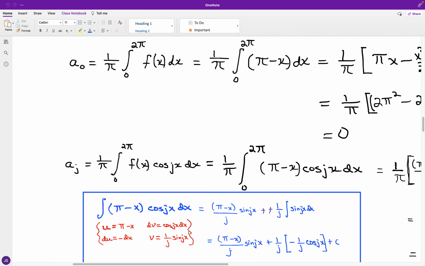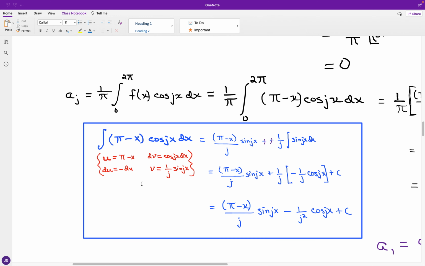So we have u equal to pi minus x, and taking the differential, du is equal to negative dx, and dv is equal to the cosine of jx dx, with the antiderivative v equal to 1 over j times the sine of jx.